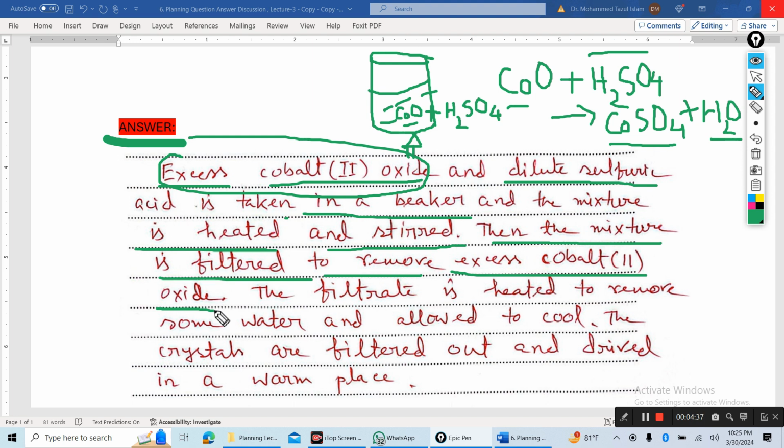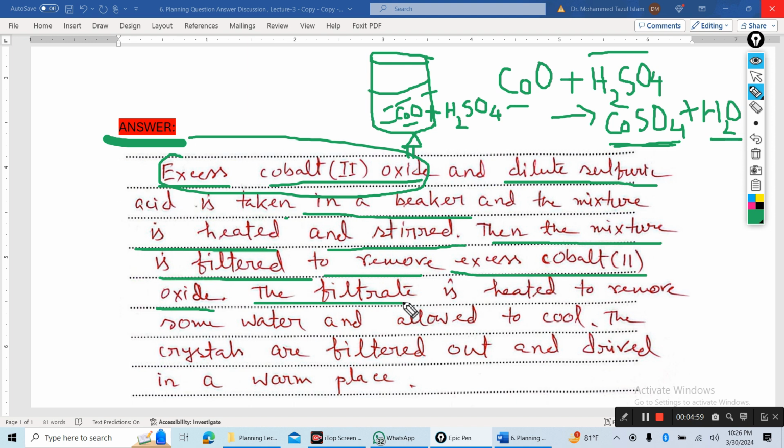After filtration, you will get a clear solution, cobalt 2 sulfate aqueous solution. The clear solution is known as the filtrate.